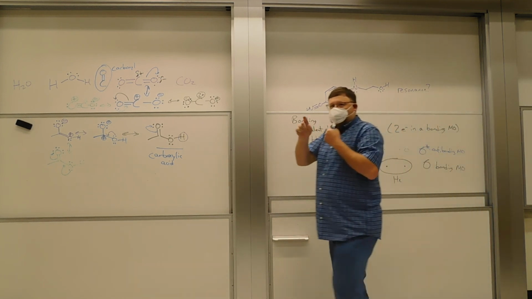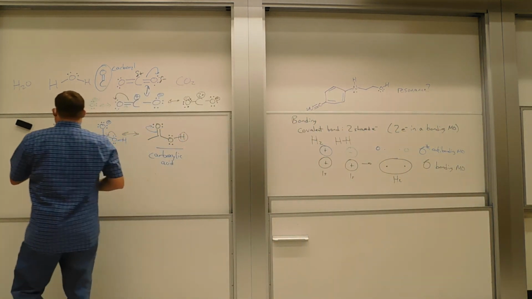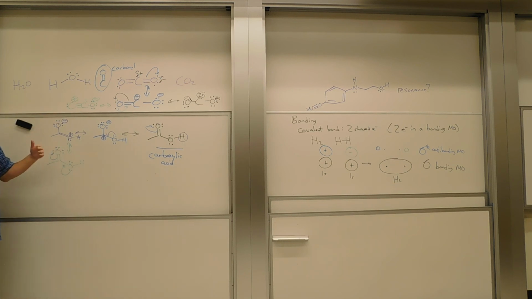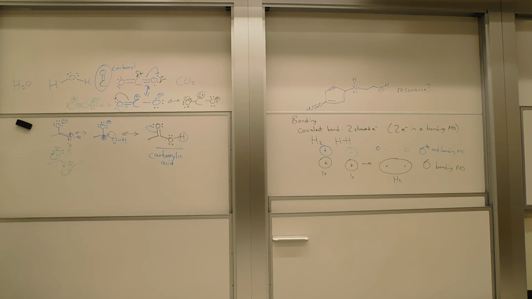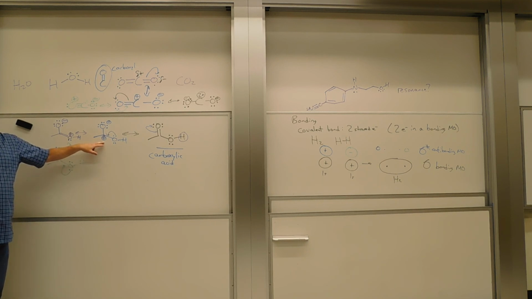Finally, to finish off, I had a question about this thing I said about sigma bonds. If you look at what you need, you need a pi bond, because that pi bond lets you move the pi electrons without breaking connectivity. Or you need a lone pair next to a positive, a vacant orbital. If I've got a lone pair next to a vacant orbital, I can move the lone pair.